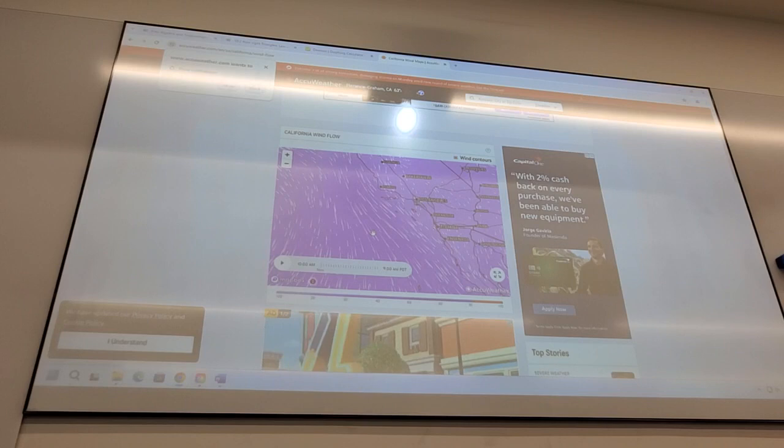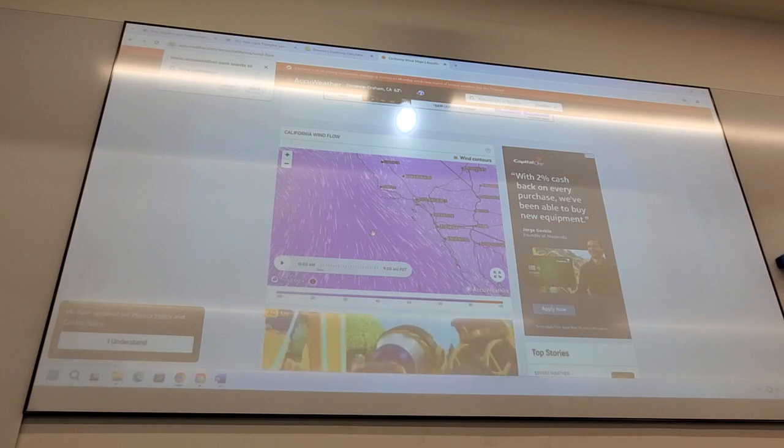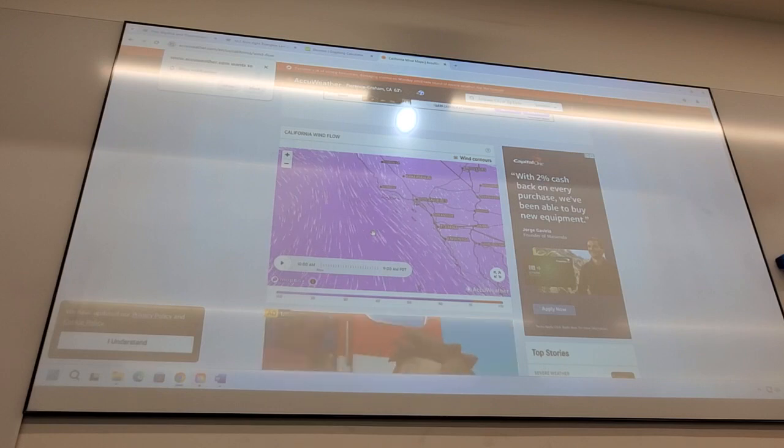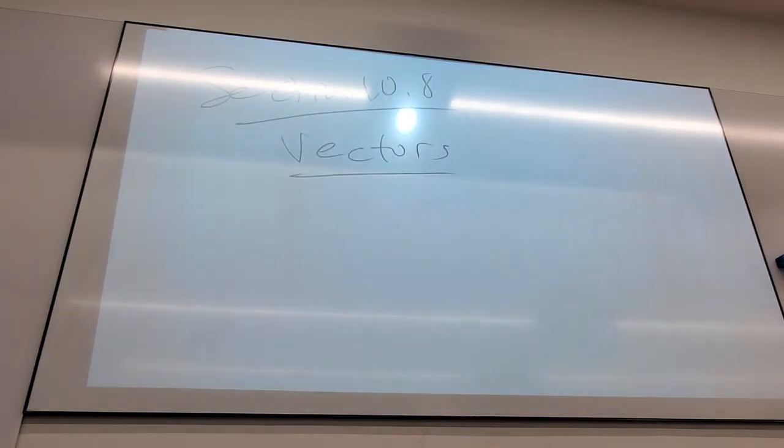Are you guys with me? The length of this line tells me how strong it is, and the direction the line is going is obviously the direction that whatever it is is going, in this case the wind. These objects are called vectors.